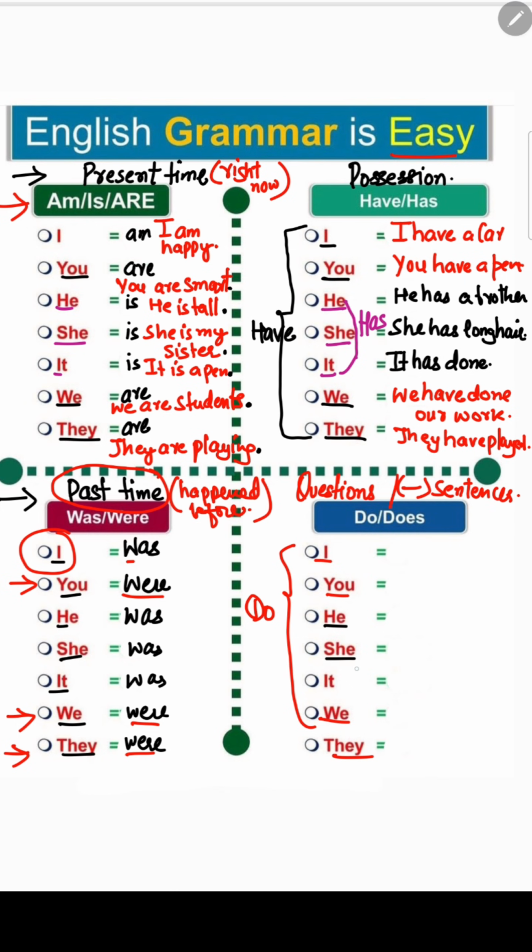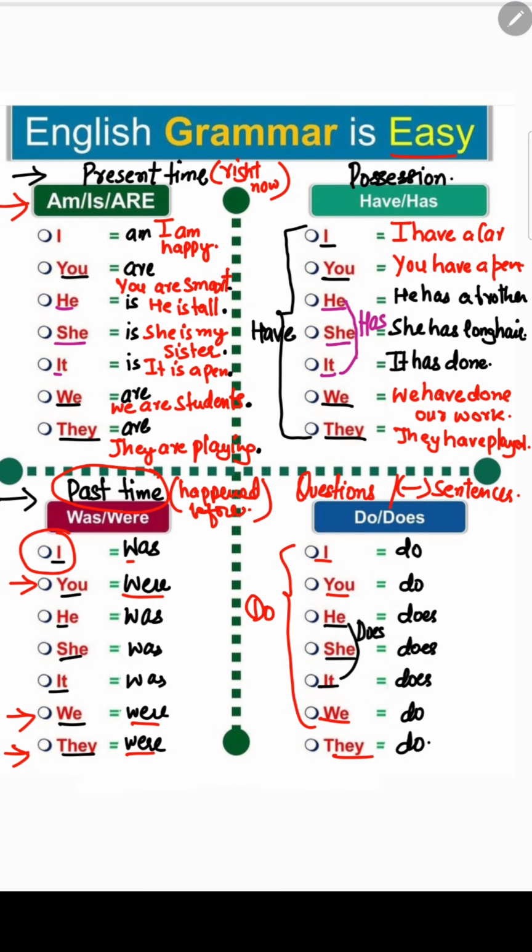With he, she, it, we use does. Right? For example, I do, you do, he does, she does, it does, we do, they do.